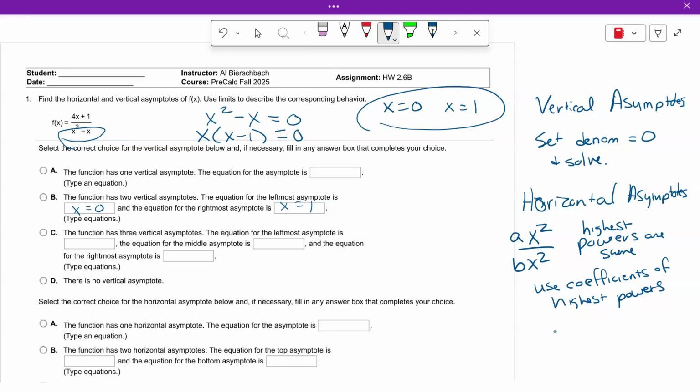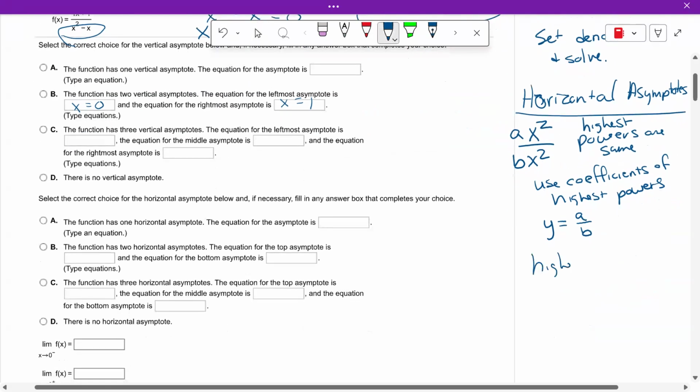In this case, the horizontal asymptote would be y equals a over b. So if you have 4x squared over 2x squared, then your horizontal asymptote would be y equals 4 over 2, or y equals 2.